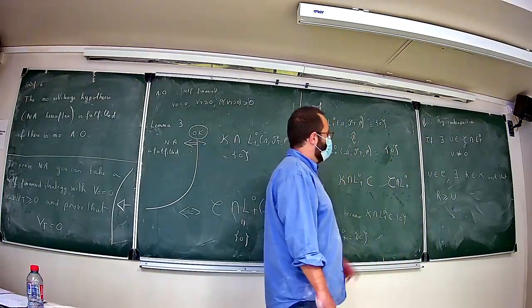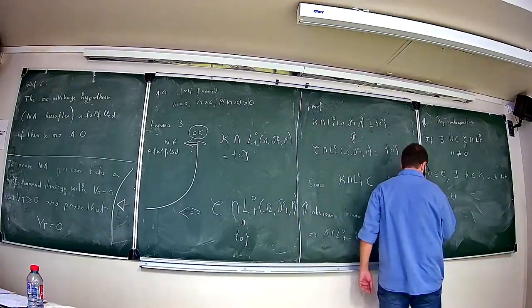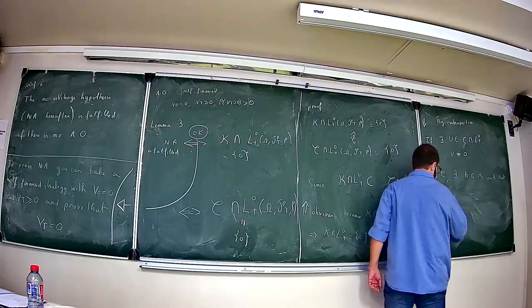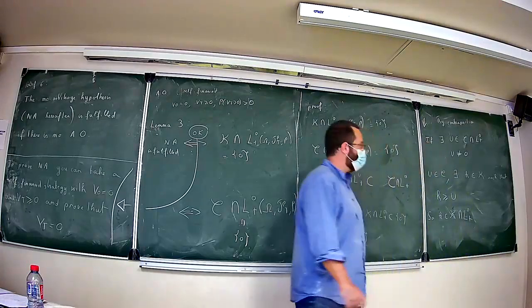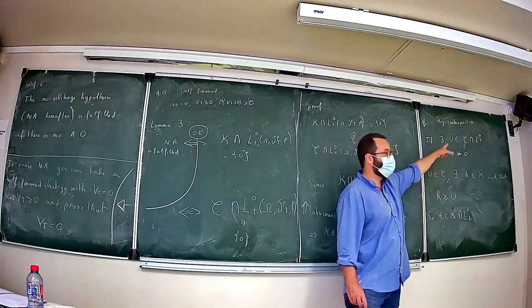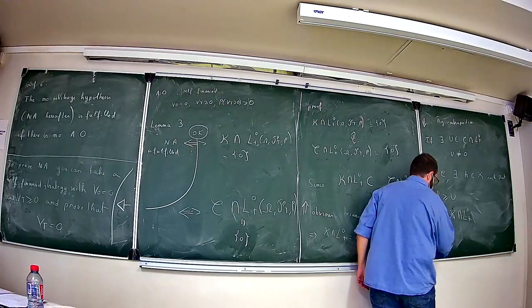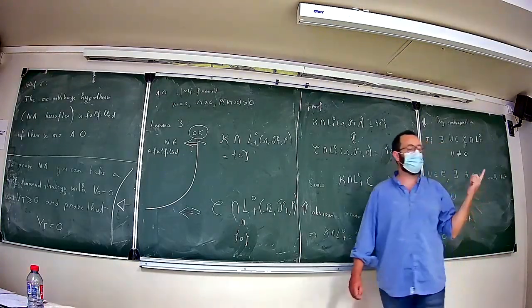Why? Because K is greater than U. So K belongs to calligraphic K and L0 plus because U is positive. And what is more, K is different from 0 because U is different from 0.